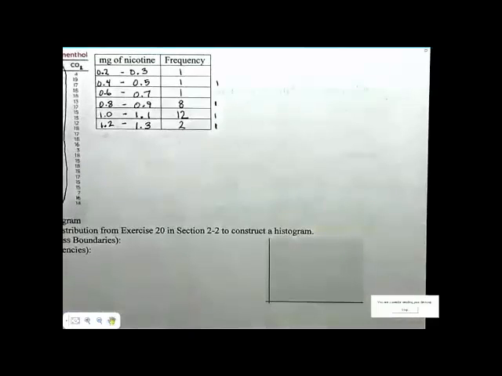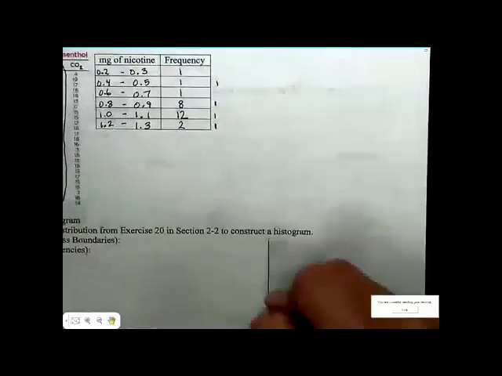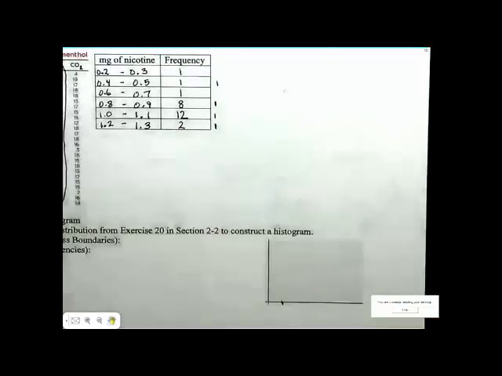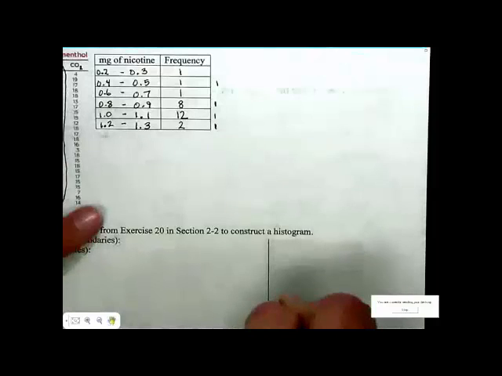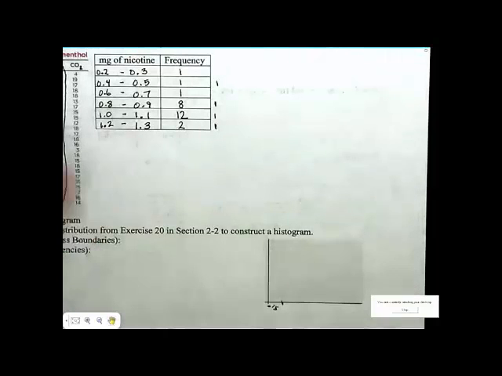On the other handout, I had written the class boundaries, and you probably copied them down. So let's just put those across the horizontal axis, starting with the left boundary. The left boundary was 0.15, and the class width was 0.2.